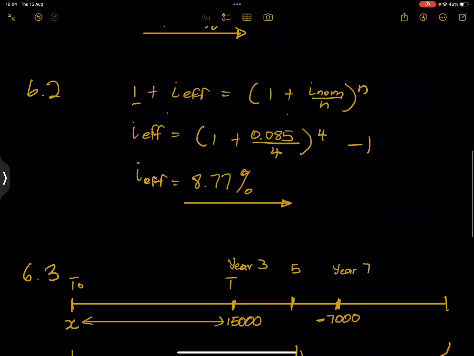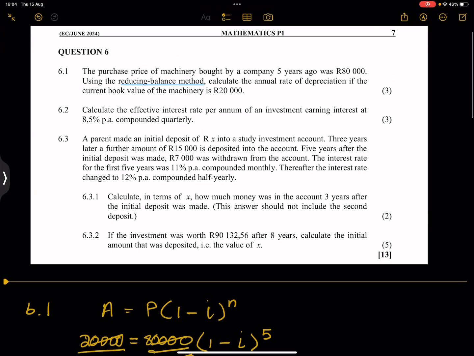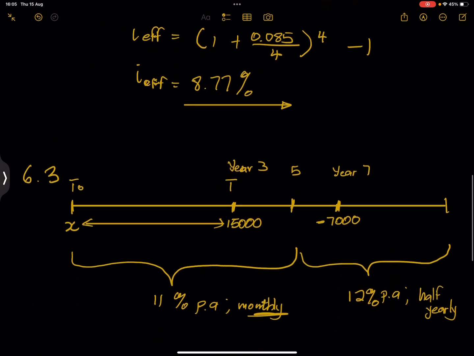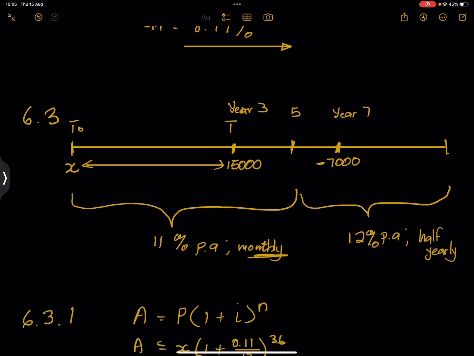And then what happens thereafter? They say if the investment was worth 90,132 and 56 cents after 8 years, calculate the initial amount that was deposited, that is the value of X. So now we're looking for that value of X. I want us to quickly look, ladies and gents.